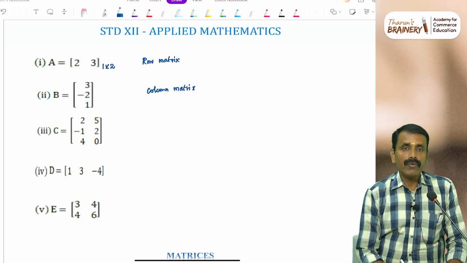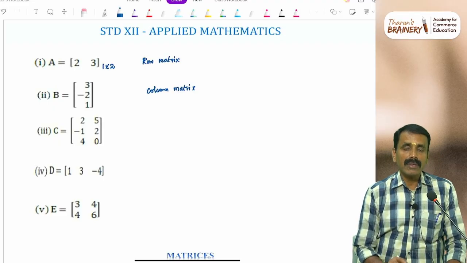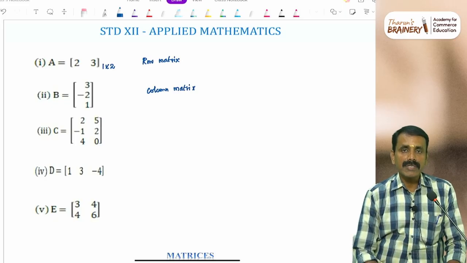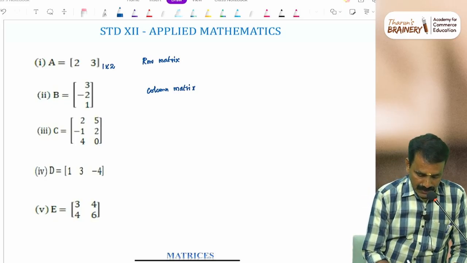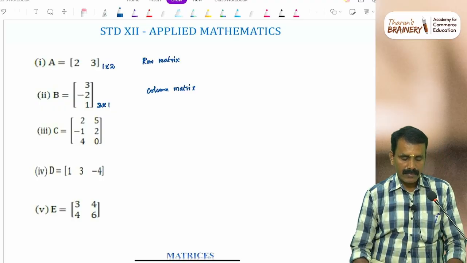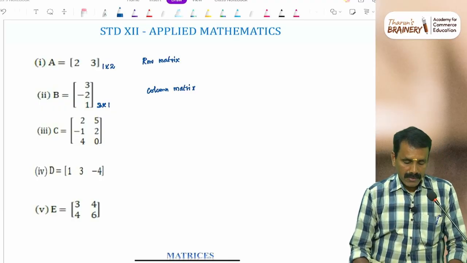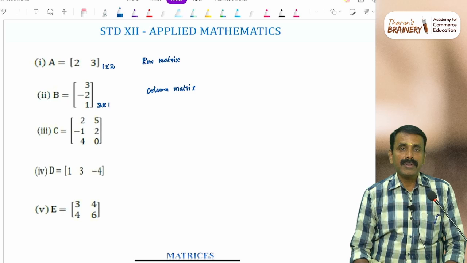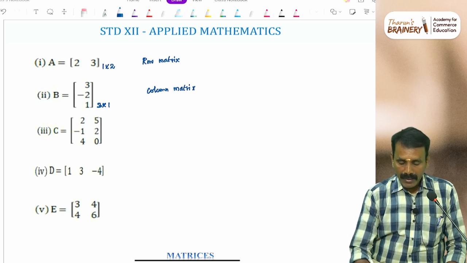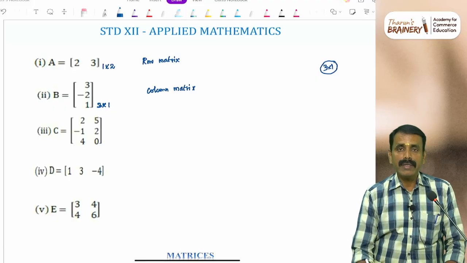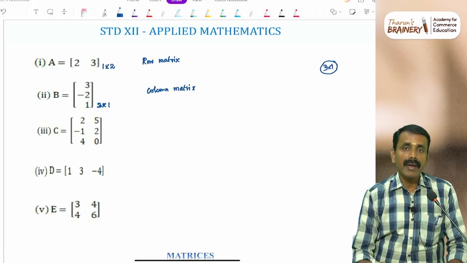Now, to find the order of the matrix, we must count the number of rows first. How many rows is it going to have? It is going to have 3 rows and only one column. So, the order of the matrix is 3 by 1. Although we write 3 into 1, when we say the order, it should be 3 by 1.